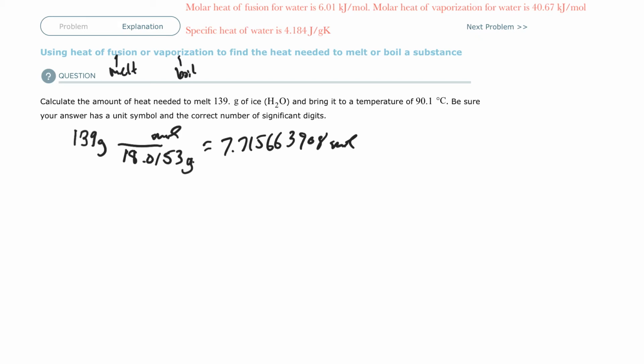So let's multiply that, I'll do that in red, times 6.01 kilojoules per mole, just to melt the ice. So this is the heat of fusion, just to melt the ice.